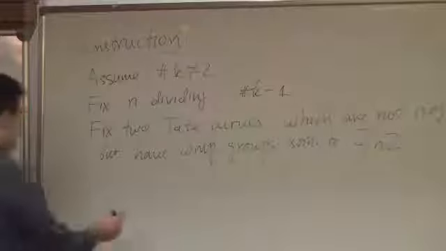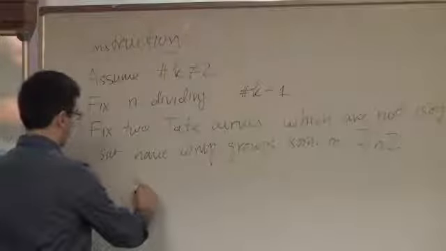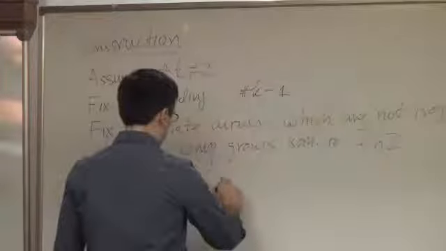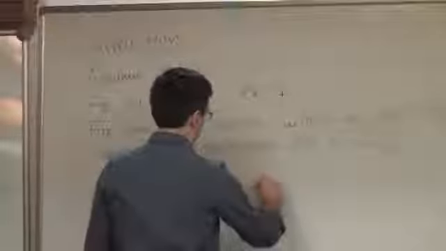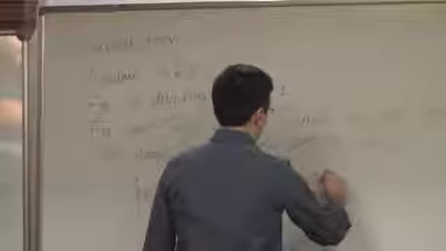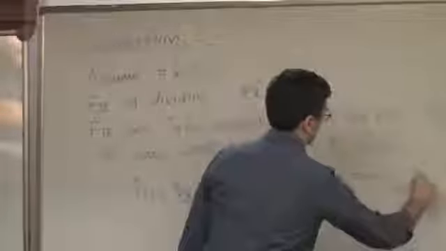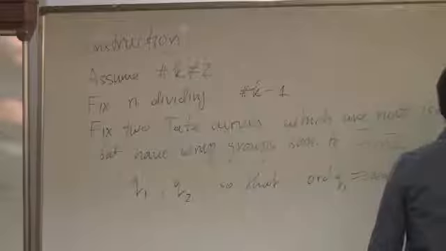What this essentially means is that you take the periods Q1 and Q2 so that ord Q1 is ord Q2 is n, but Q1^u is not Q2^w. So you can easily choose such elements.